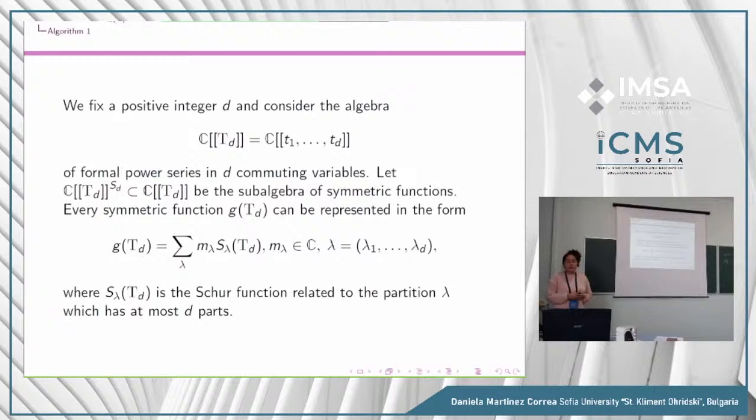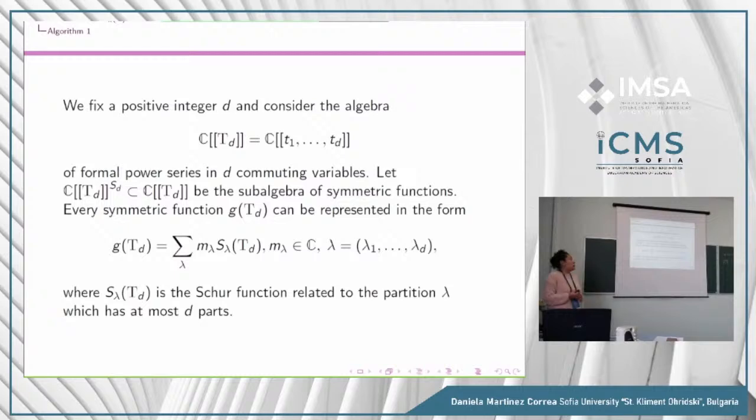After that, we consider the algebra of the symmetric functions, but note that G can be written in this expression, okay, like a summation of Schur polynomials, okay? So here lambda is a complex number, S lambda is the Schur polynomial related to the partition lambda, and lambda has no more than d parts.